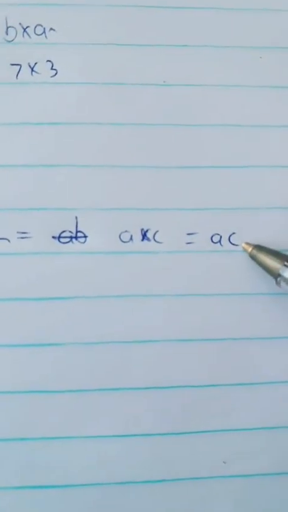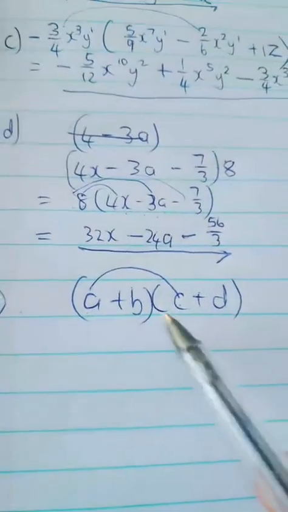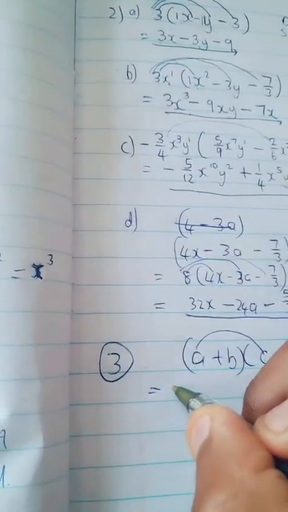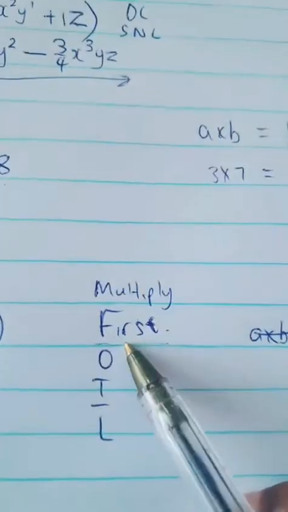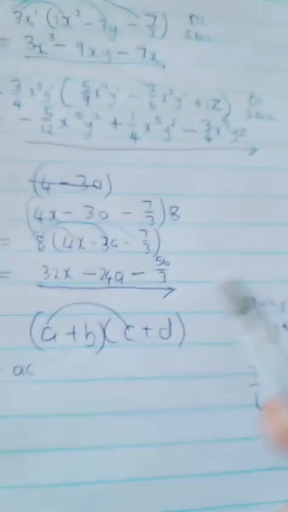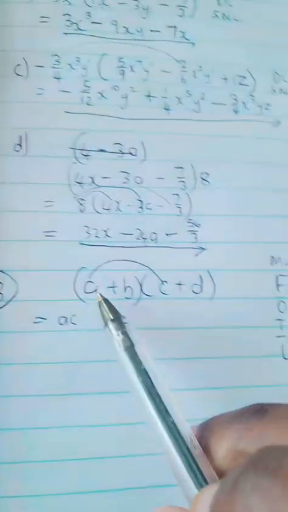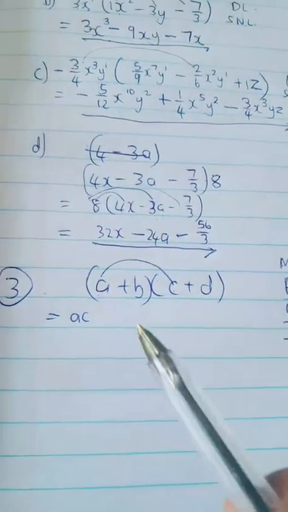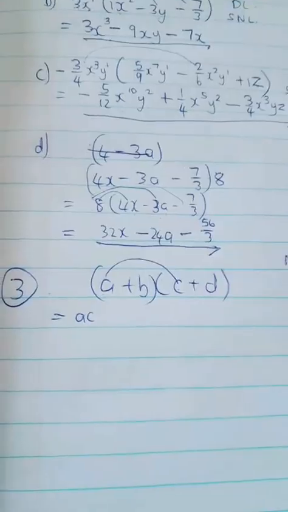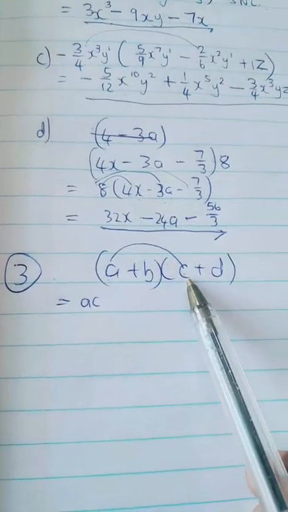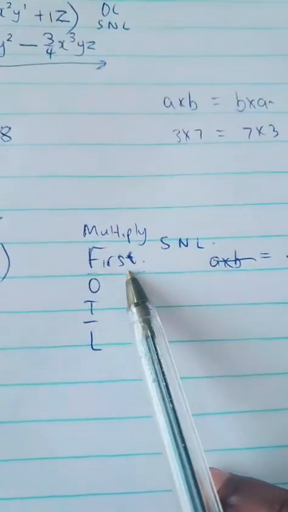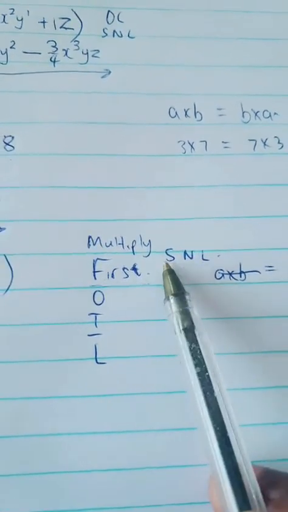Multiplication combines different letters. So a times c simply gives us ac. But remember, when we apply multiplication, we remember S, N, L. In other words, we multiply the sign, we multiply the number, we multiply the letter. So we get ac for our first term. We multiply our first terms in each bracket first using S and L.